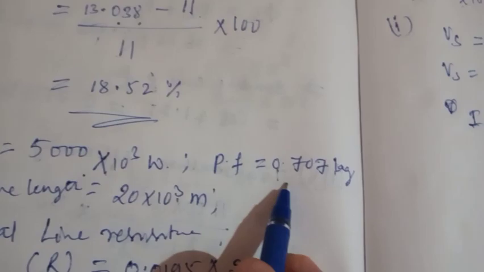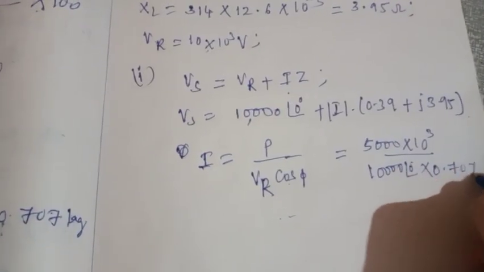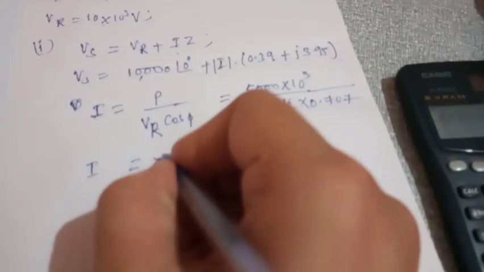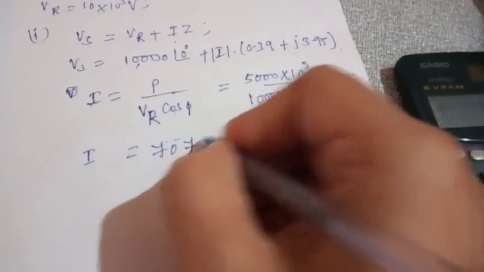Cos phi is how much? The power factor they have given is 0.707 lagging. It will come around 707 amps.